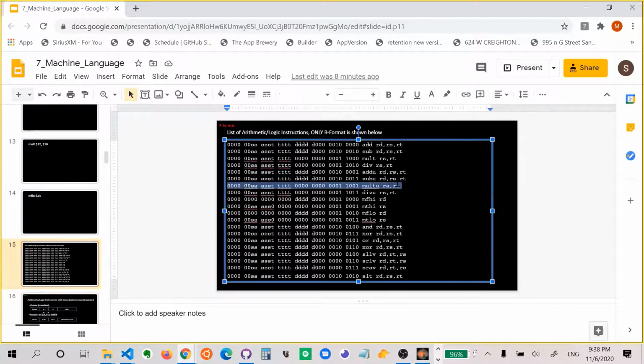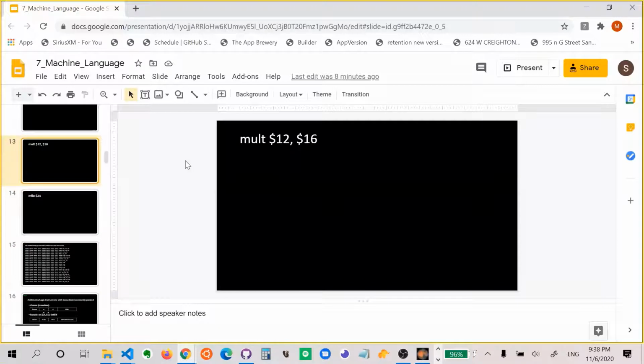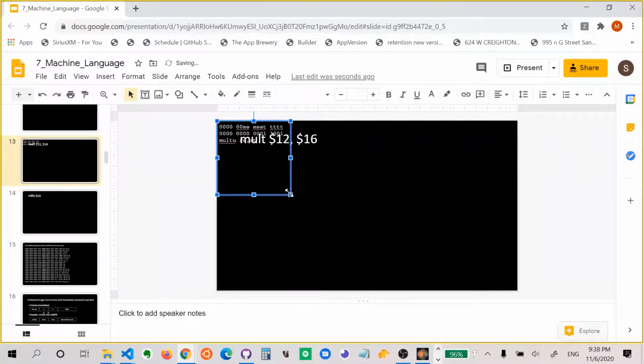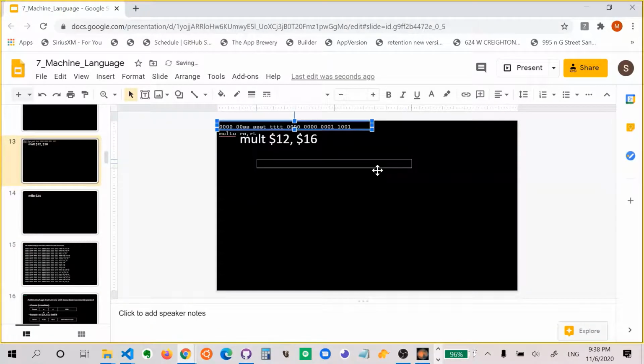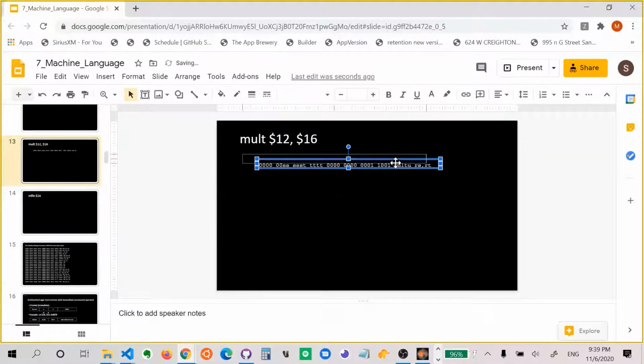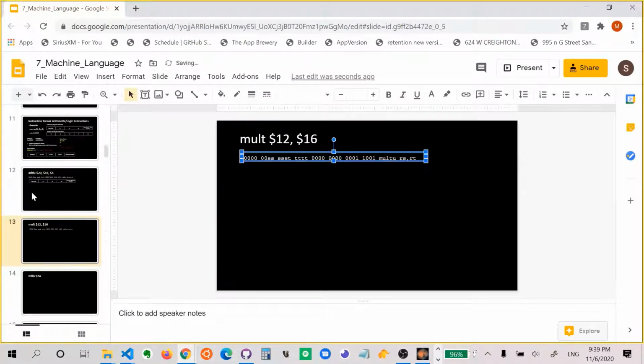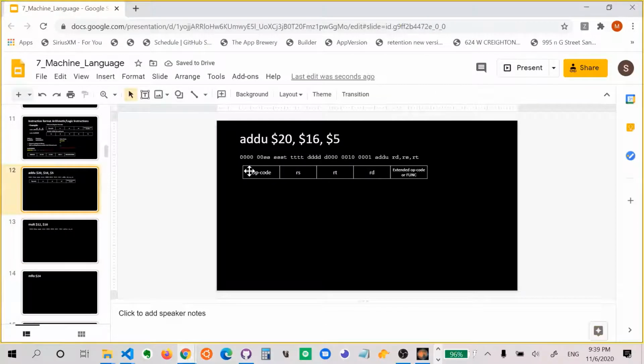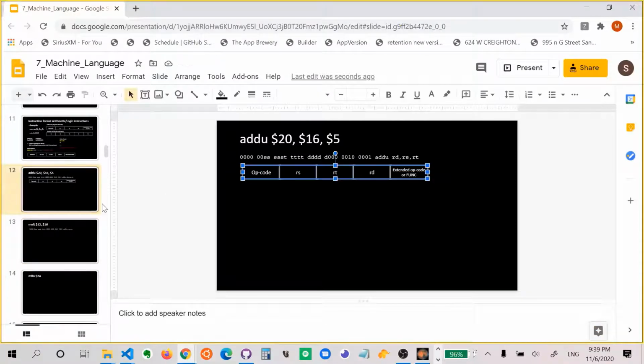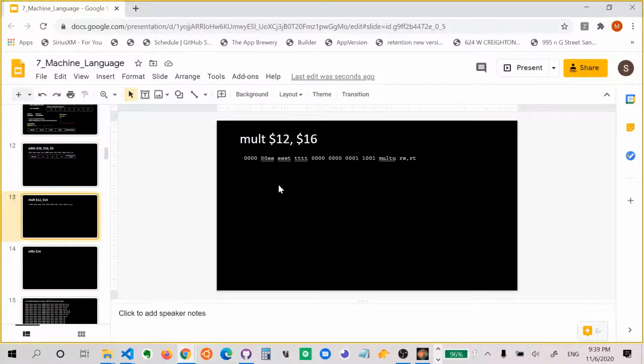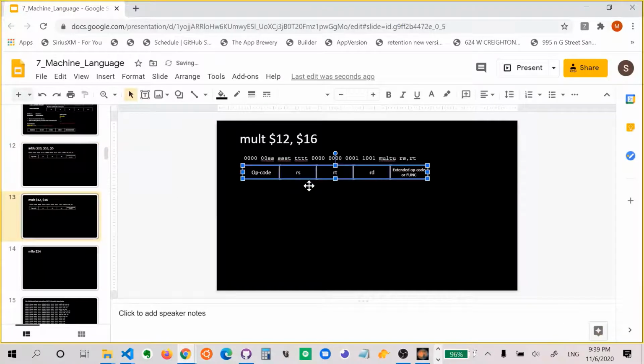So we know that's a multiplication. I'm just going to copy this here for reference. And then let's take the table also, same as this one. So these are all R format. Okay.